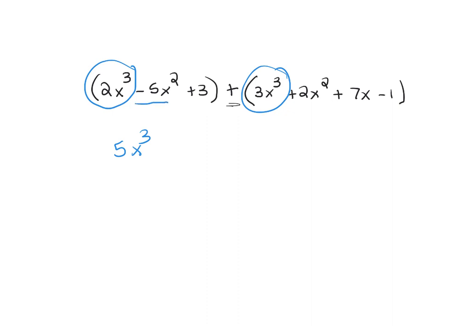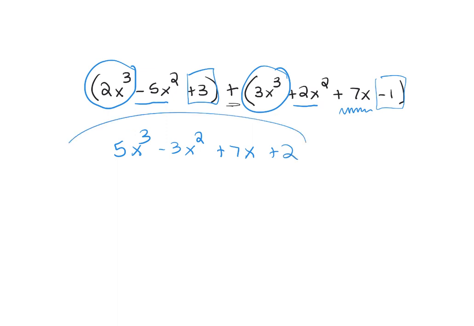Okay, negative 5x squared plus 2x squared is negative 3x squared. Okay, I have this plus 3, which I would combine with the minus 1, but I have this plus 7x. I don't have anything to combine that with, but that has to go next. Plus 7x, and then 3 minus 1 plus 2. Just make sure to always put your final answer in standard form.